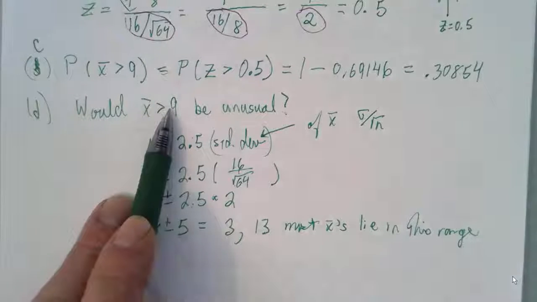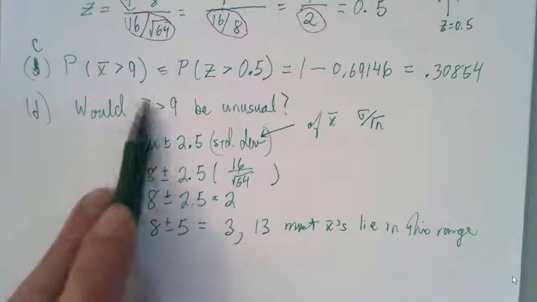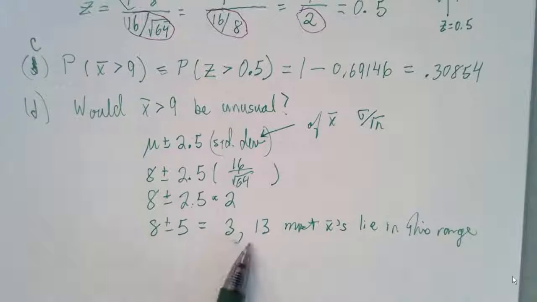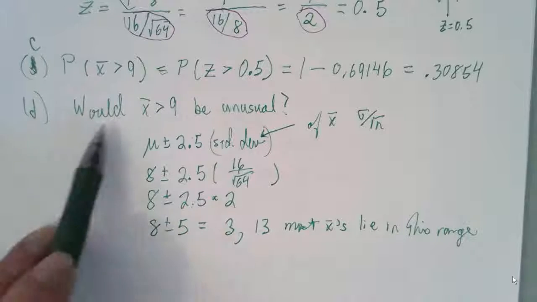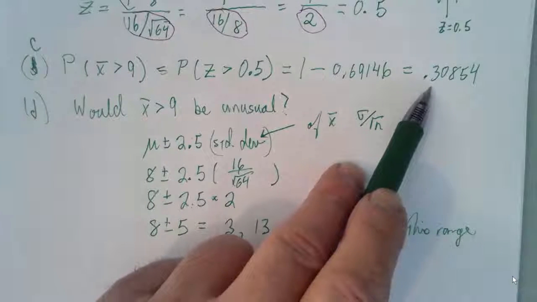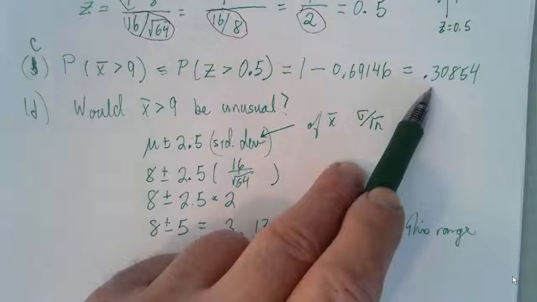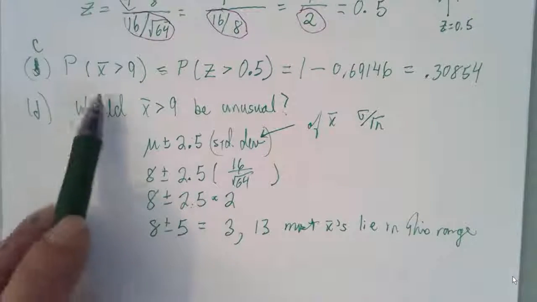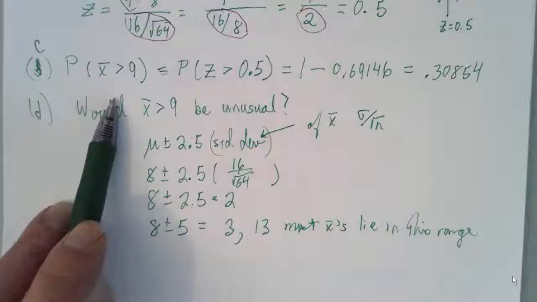So would it be unusual for an x bar to be bigger than 9? No, not at all. We're expecting them to fall within the range of 3 to 13. So whether you use this general rule of thumb, this guideline that we've had in the past, or you look at the particular probability that we've computed, you'd come up with the same answer. No, it's not unusual for the sample means to be larger than 9.